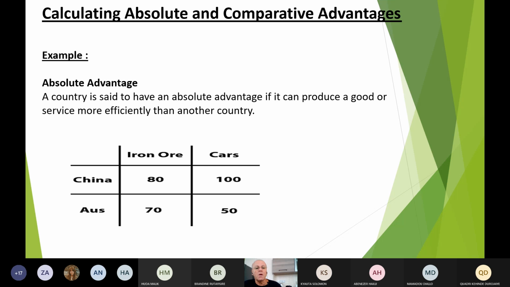Due to this, Adam Smith's absolute advantage theory is no longer valid for economic applications. It is only a theory, and it is not valid for today's conditions.